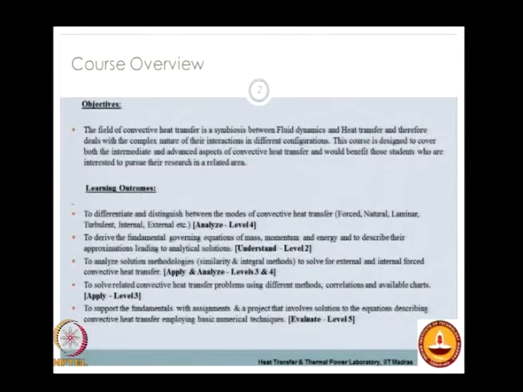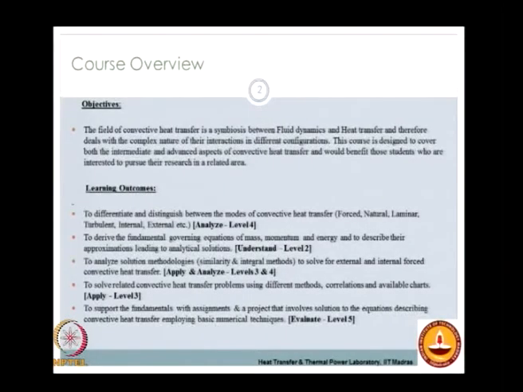As you all know, the field of convective heat transfer, I would say, is a symbiosis between two important subjects. One is fluid mechanics or fluid dynamics, and the other being heat transfer.